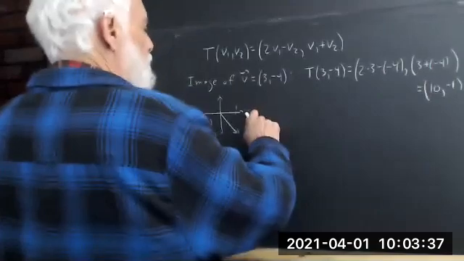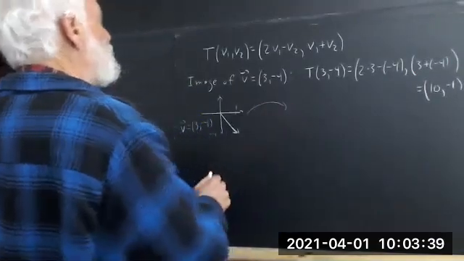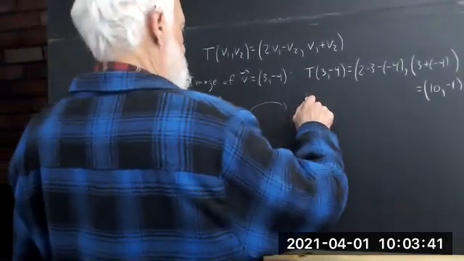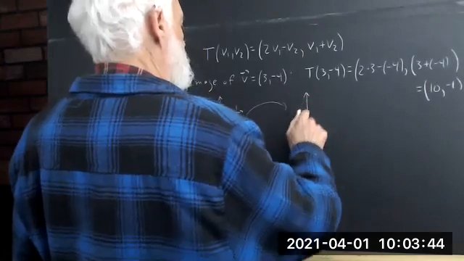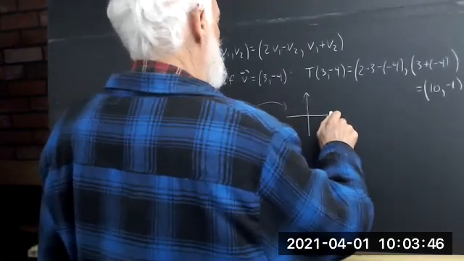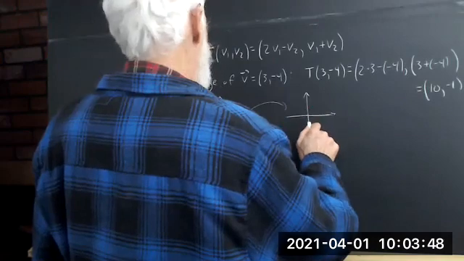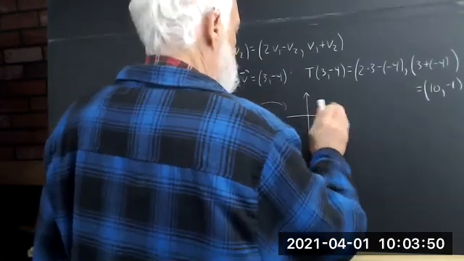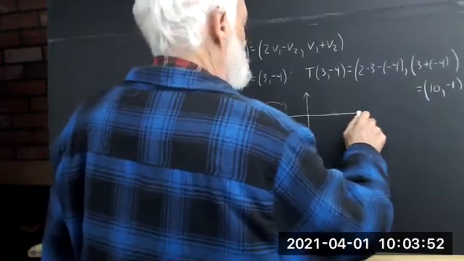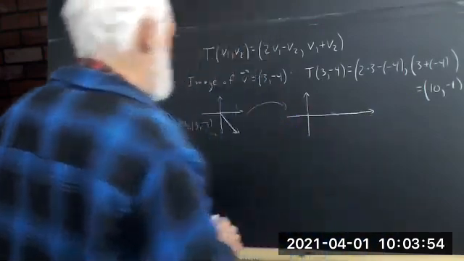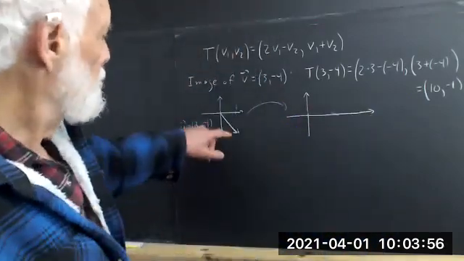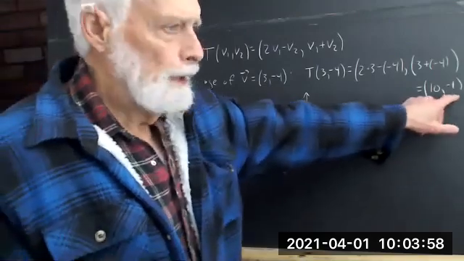And then we can visualize this as a transformation that takes this vector, and let's go ahead and use a reasonably consistent scale, takes this vector to the vector 10, -1.